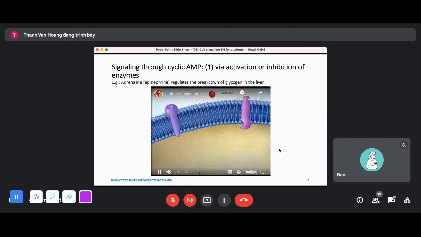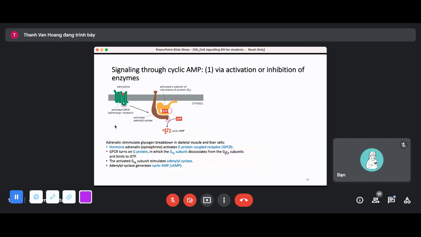So what happened, as you see here in the video, is what we also talk about as an example of the liver cells.